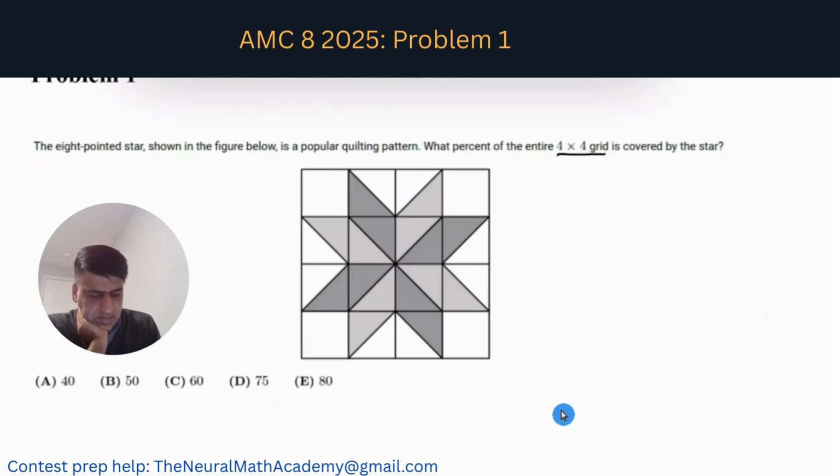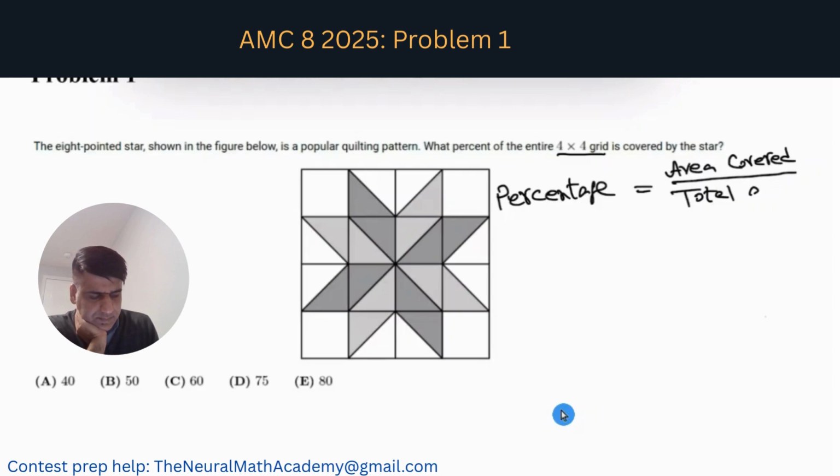So we can set up the problem like this: the percentage is equal to the area covered divided by the total area, multiplied by 100.